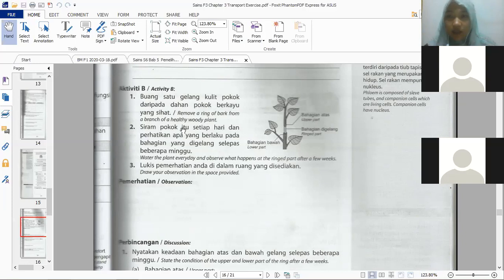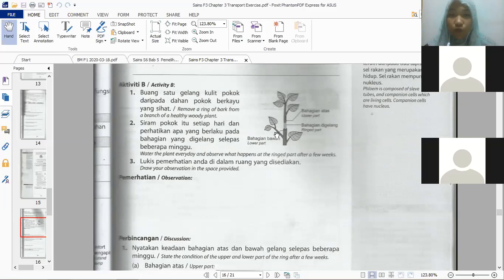It must be healthy, not a dying woody plant. And this is only for woody plants, those with wood. You cannot use a herbal plant, because a herbal plant has no wood. So you cannot do this experiment. It must be a woody plant.